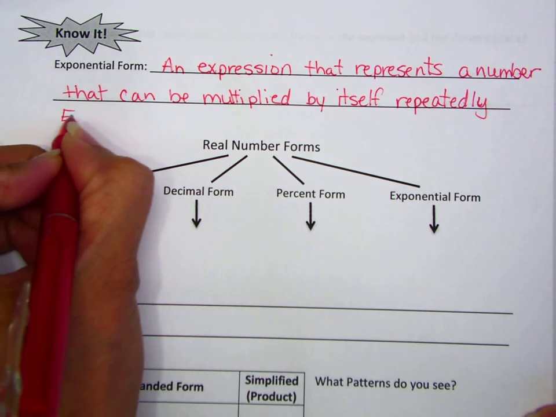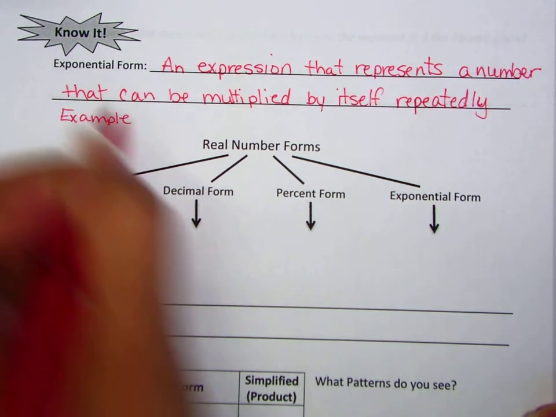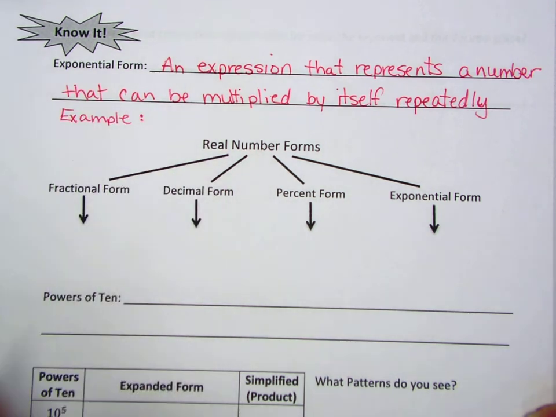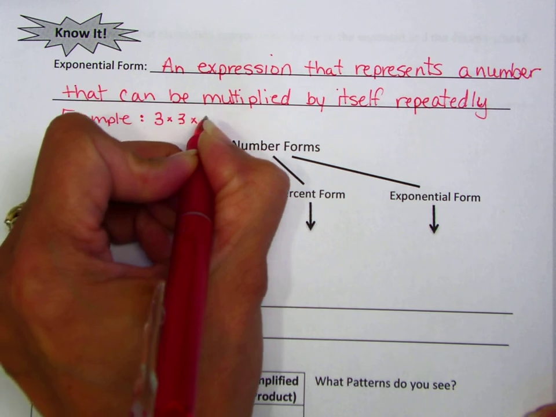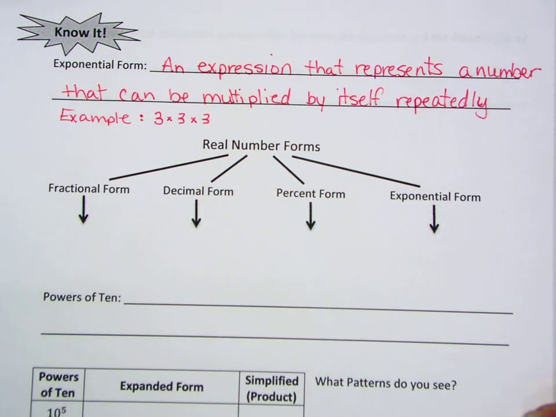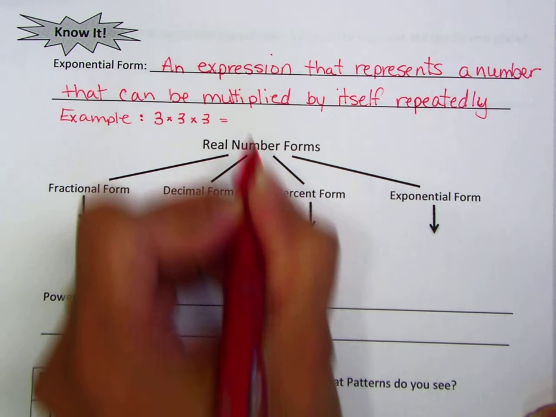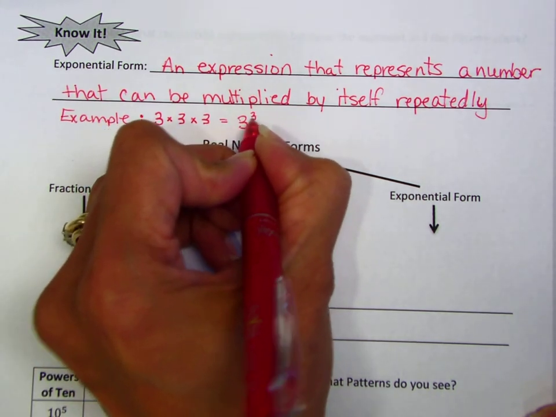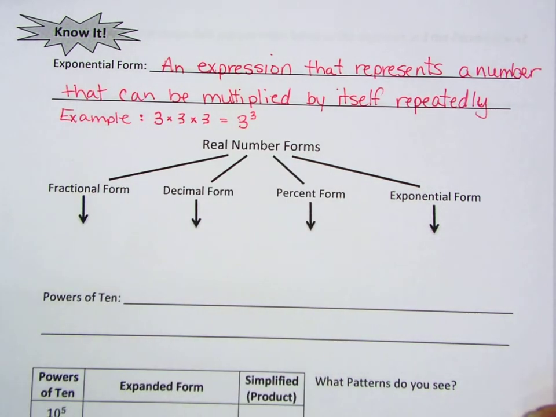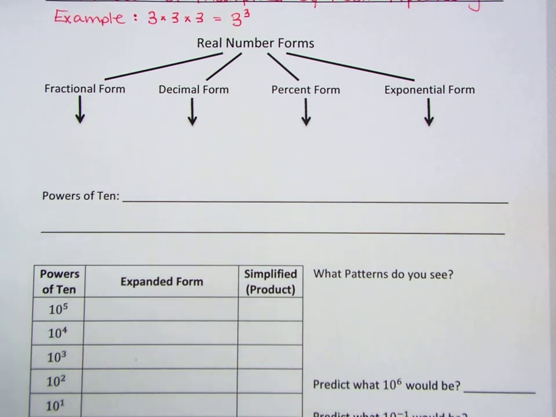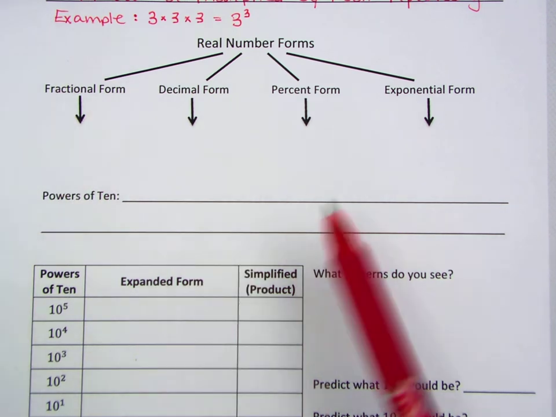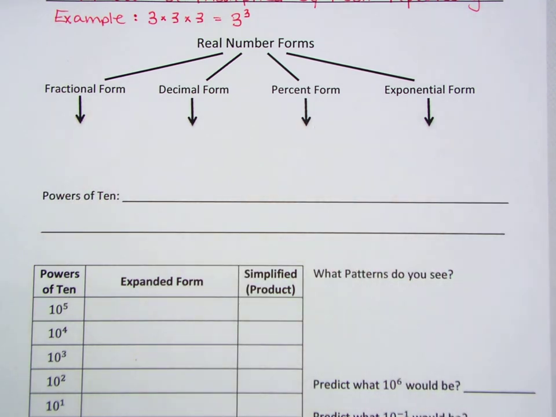So for example, if we want to multiply 3 by itself repeatedly 3 times, we can write the exponential form as 3 cubed. So when talking about real numbers and the forms, we can talk about fractional form, decimal form, percent form, and now we're going to add exponential form.